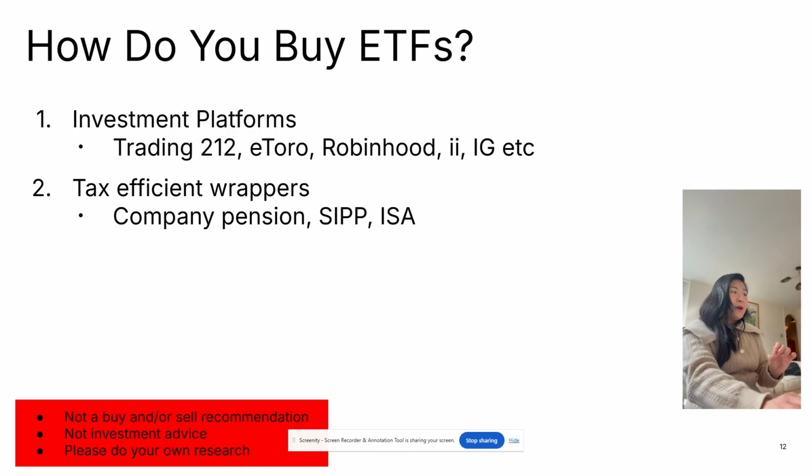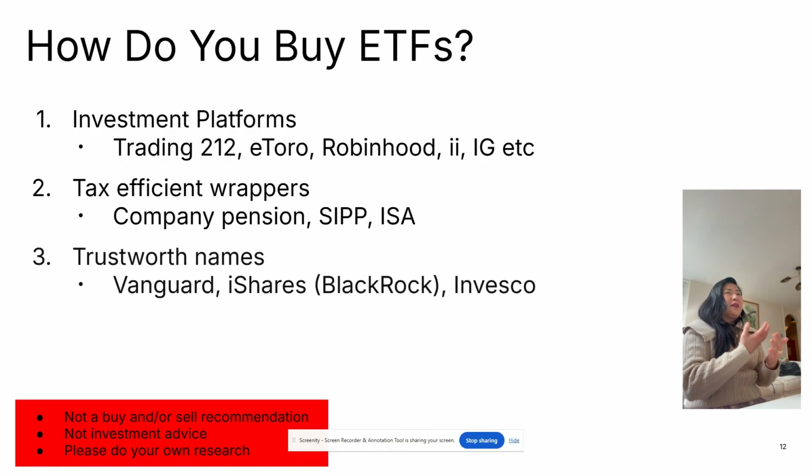So, an efficient tax wrapper. And just be careful of who you're buying the ETF from, right? You're buying a fruit basket. How can you be sure that the vendor who's selling you the fruit basket is selling you the freshest possible fruit that is not rotten? Because you could be sold a fruit basket with rotten fruits in it. Some of the names that are trustworthy, anything sold by Vanguard, iShares, Invesco, usually they're quite trustworthy.